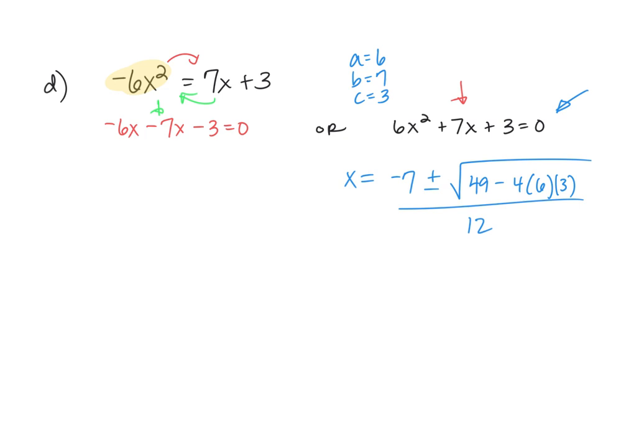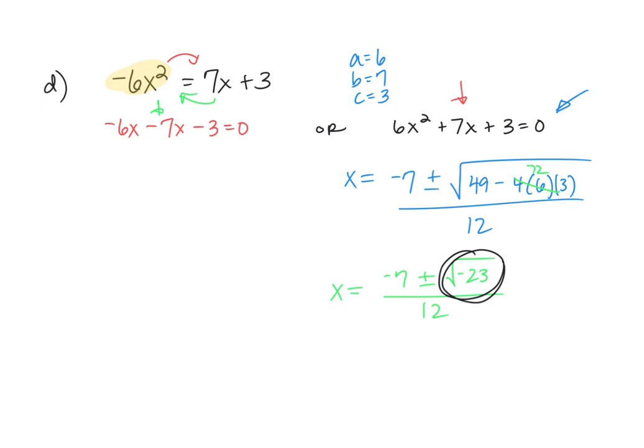Okay, so let's do 4 times 6 times 3 first in the back, and I get 72. So if I go inside there, I get -7 plus or minus the square root of 49 minus 72, which gives me -23, and then over 12.